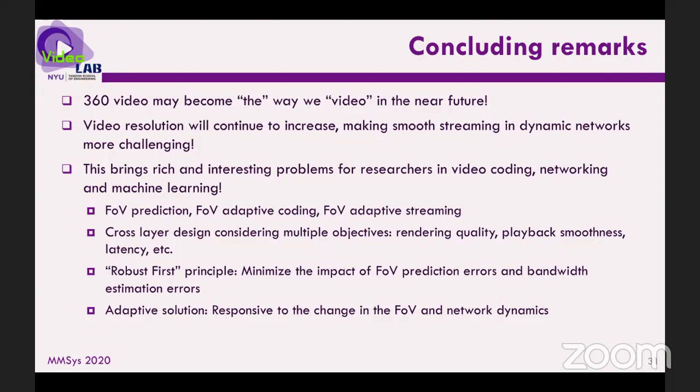It's also important to have built-in adaptivity so that the system is responsive to the change in the FOV and network dynamics.